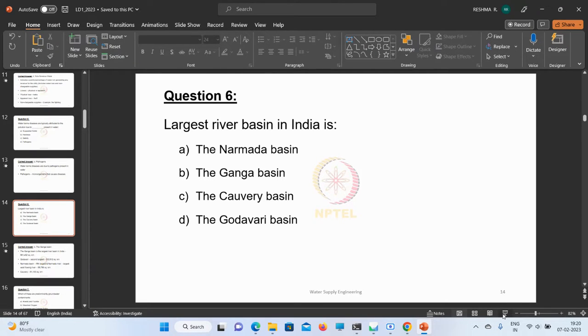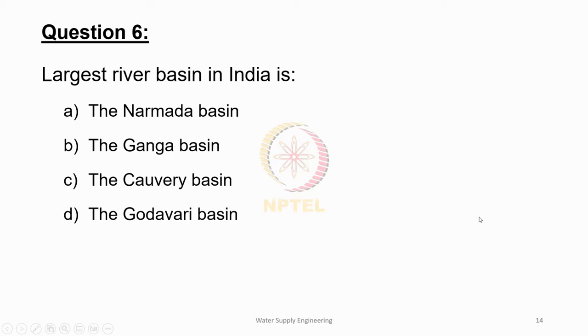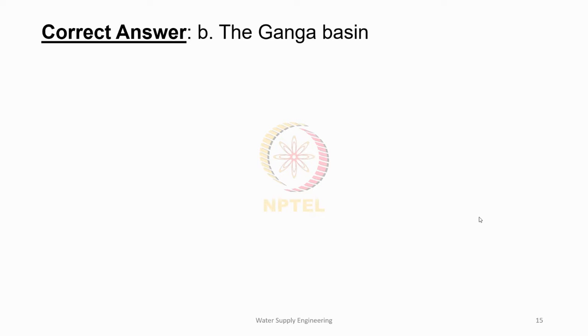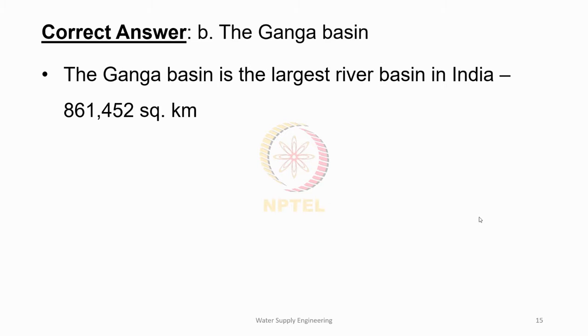Okay, I was just not able to see the chat messages on the phone. Sorry. Okay, so yes, the correct option is option B, Ganga Basin. So we'll see what is the catchment area of each of these basins.